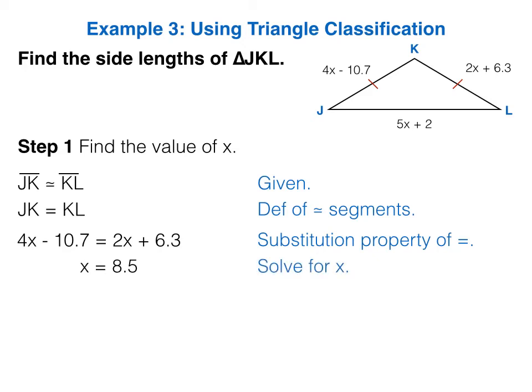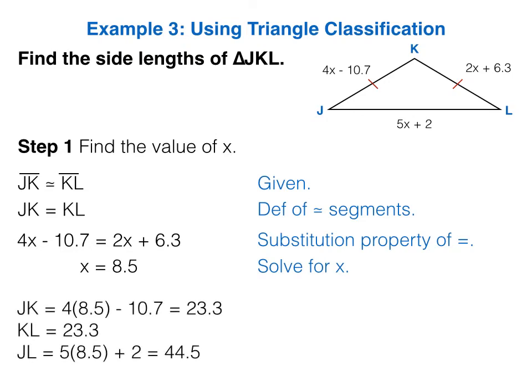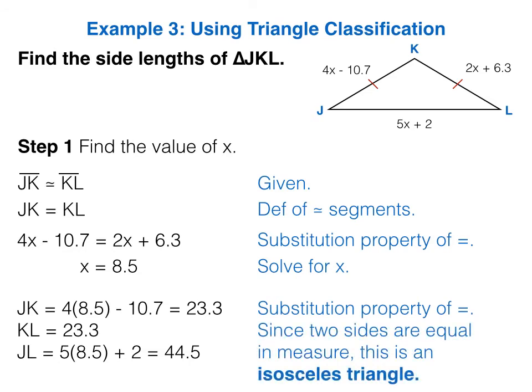Now we're going to substitute 8.5 back into the problem to find all three sides. And we see, since two sides are equal in measure, 23.3 for JK and KL, this is an isosceles triangle. And we found the side lengths.